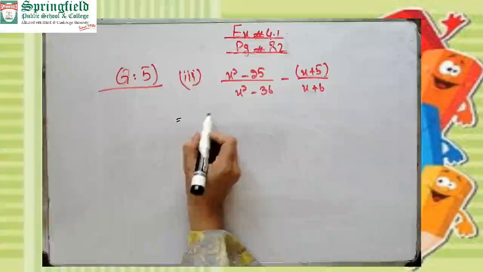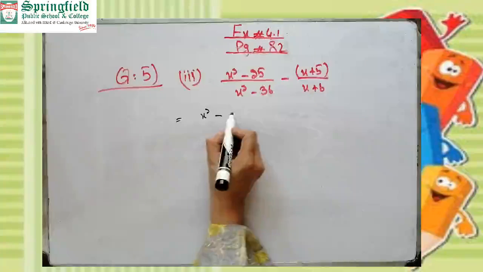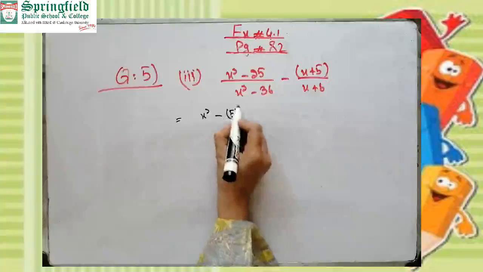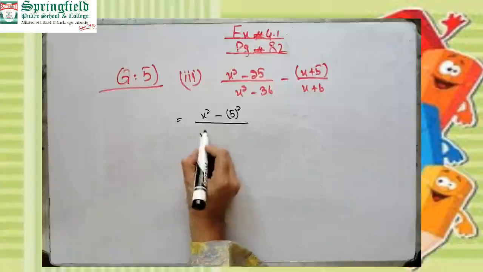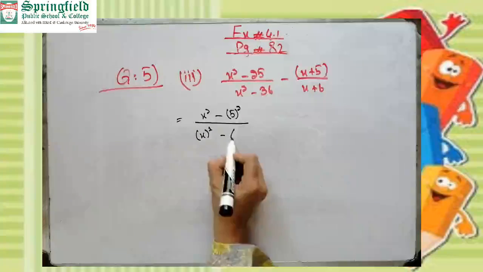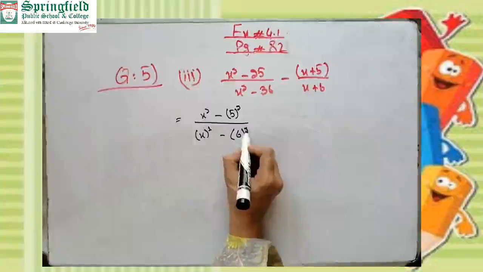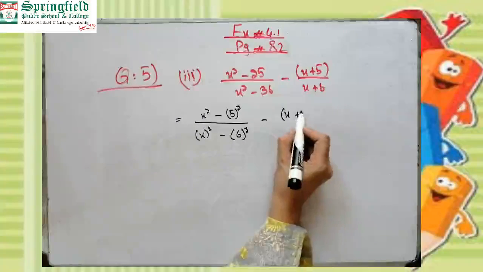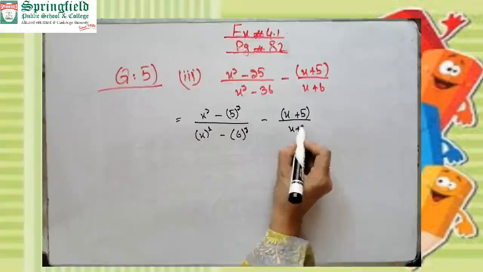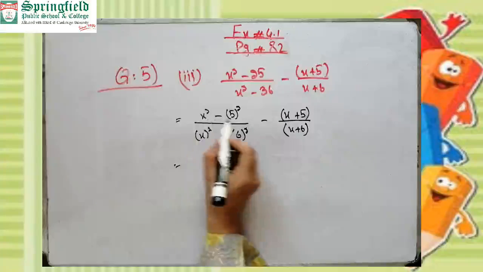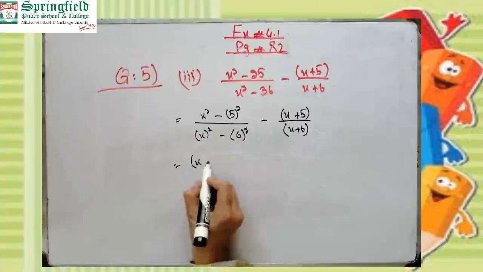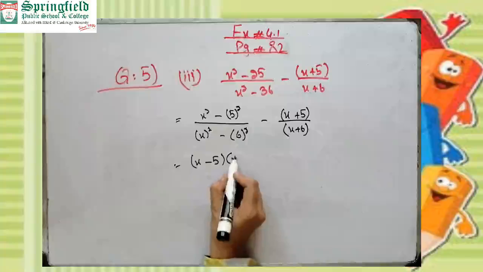So beta, first open the formula. X square minus 25 is the square of 5, so it can be written as 5 square, and x square minus 36 is the square of 6, minus x plus 5 divided by x plus 6. So a square minus b square, open the formula: a minus b, a plus b.